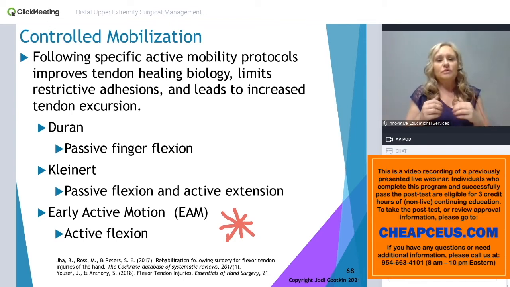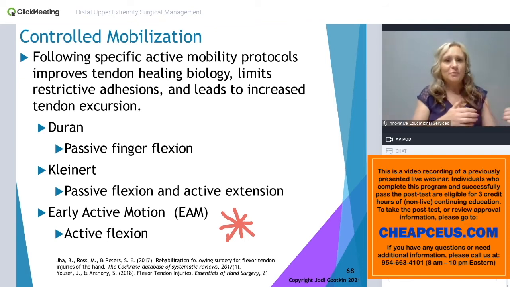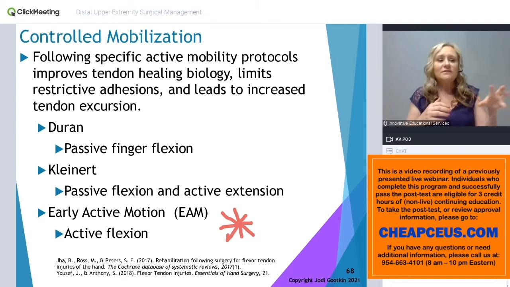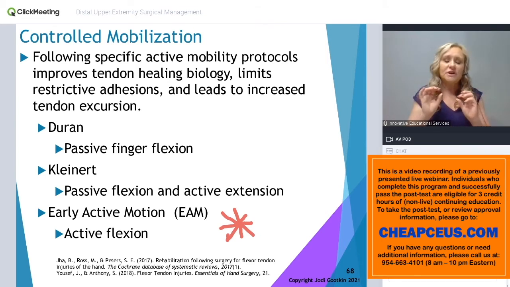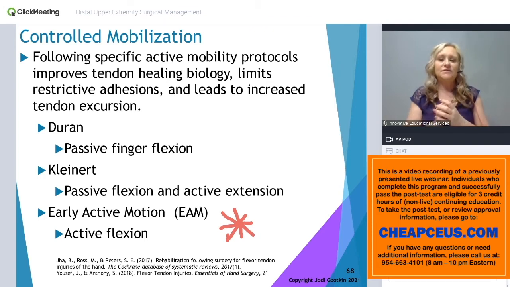Now, when you talk to the physician, if you want to understand why one patient can progress faster than another, you have some different aspects to look at. The Belfast protocol that's commonly utilized is looking at maybe every 4 hours, having the patient perform just 2 repetitions of very slight passive range of motion or very slight active contraction, just very slow, early active motion to maintain the integrity of that tendon as it is healing.